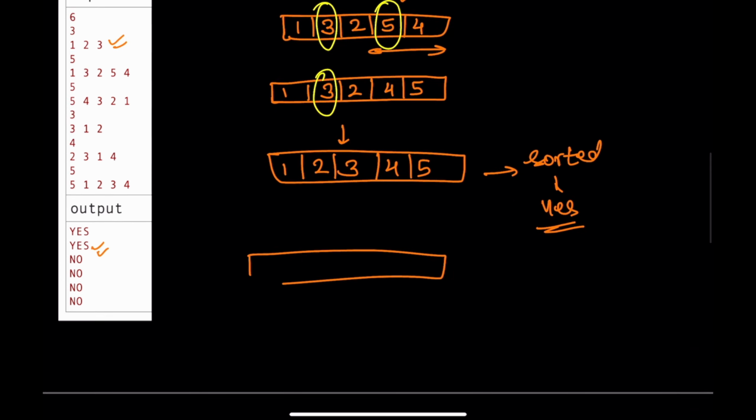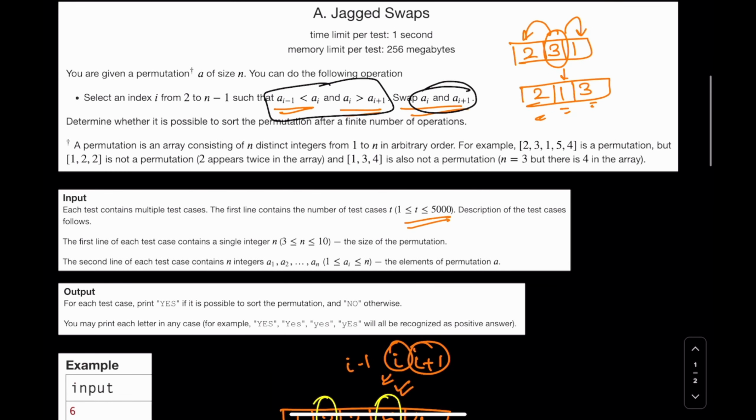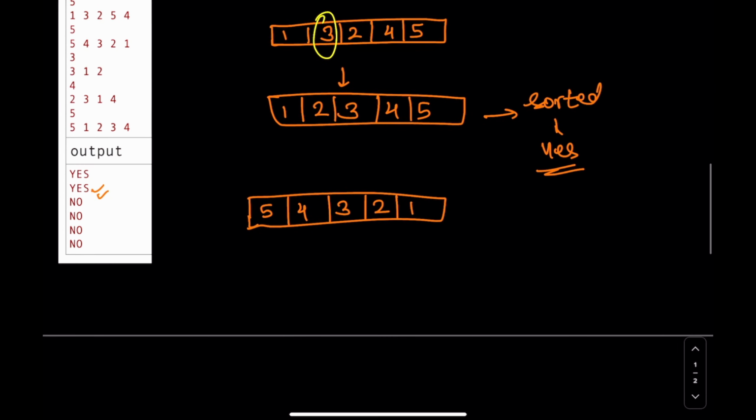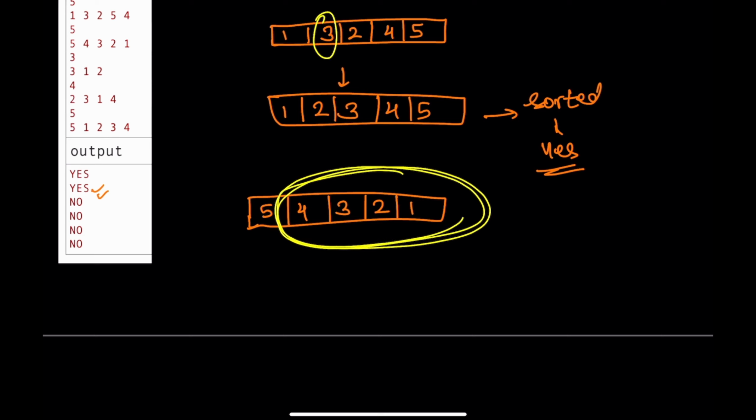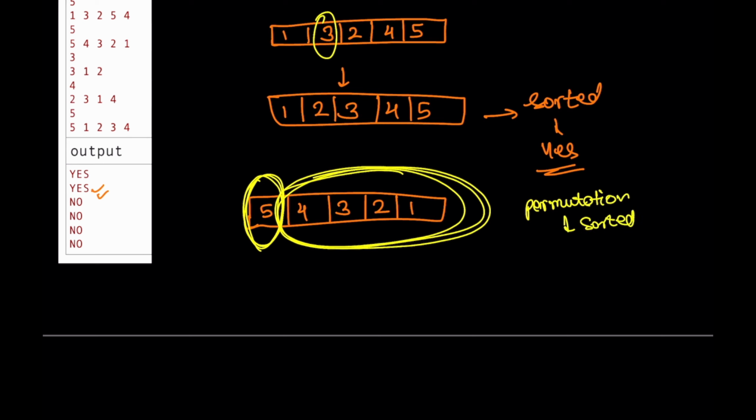Let's go with the third test case 5, 4, 3, 2, 1. In the question it's given we can choose an index i from 2 to n minus 1. That means we can choose only in this subarray, so we cannot change the position of the first element. But since it is a permutation, in a sorted permutation it is going to start with a 1.